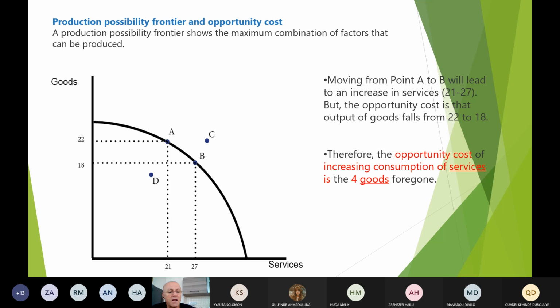And this is very important for being able to understand this production possibility frontier, because on this curve, the combination of these two productions or services is always giving you similar production capacity, with the existing conditions used in the production process.